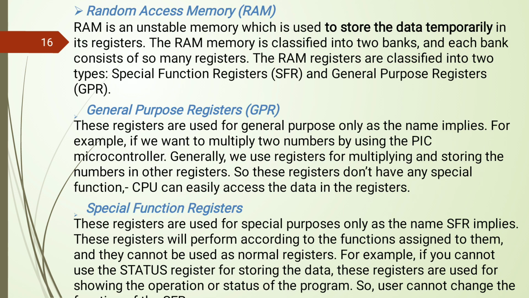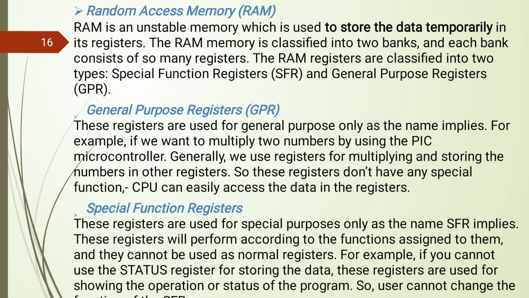the PIC18F4550 microcontroller. RAM is used to store data temporarily in various registers, either file registers or some memory location. RAM generally stores data temporarily, along with some SFRs used for various applications.